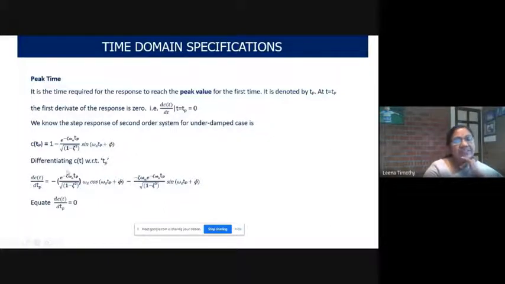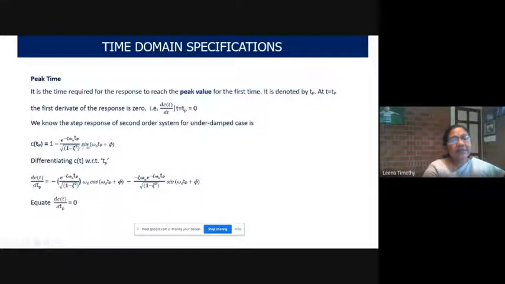So differentiate this. This term is equal to 0. Then there is a minus sign. Then it is a product of two terms, so we first write the first term as it is. Then the differential of the second term, that is cos of omega d Tp plus phi, into omega d, with a minus.